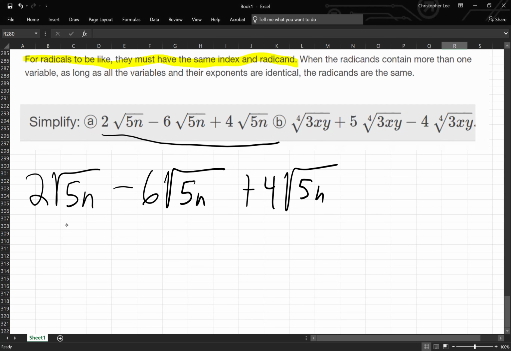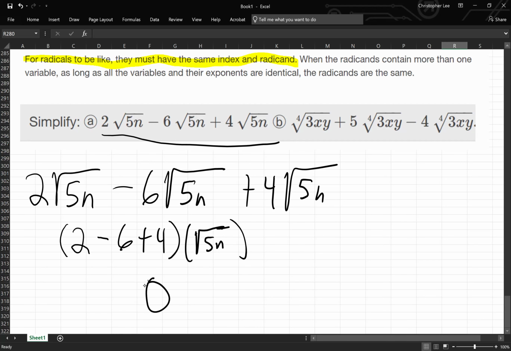So now we just do the coefficients. This is 2 minus 6 plus 4, times the square root of 5n. We can just do the numbers in front. 2 minus 6 is -4. -4 plus 4 is 0. So 0.